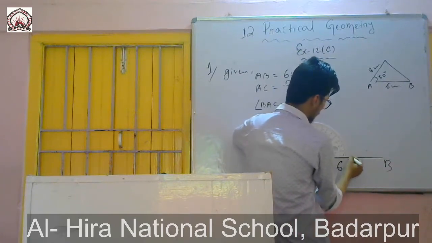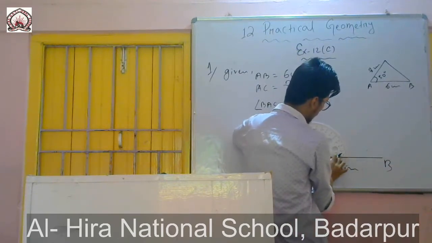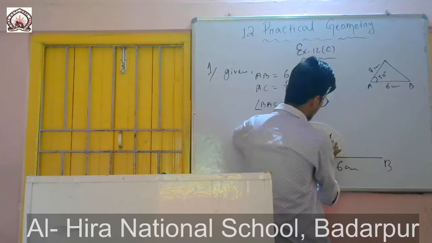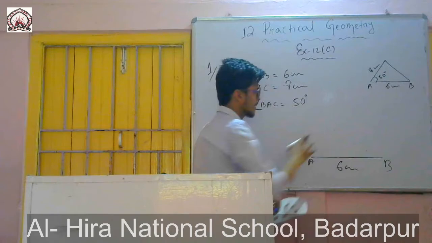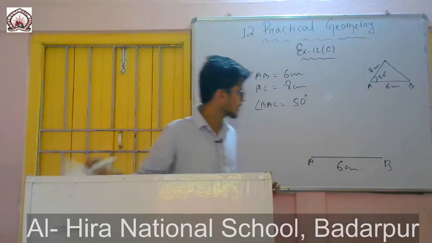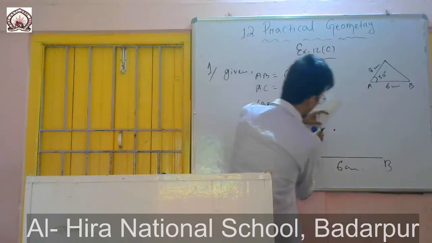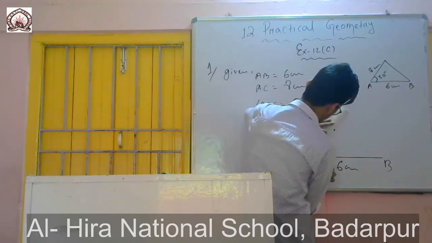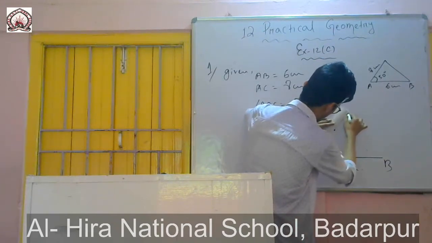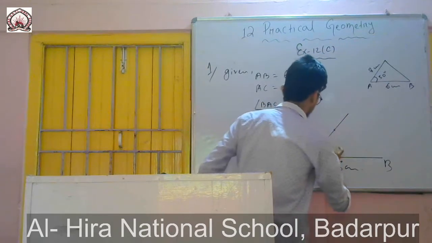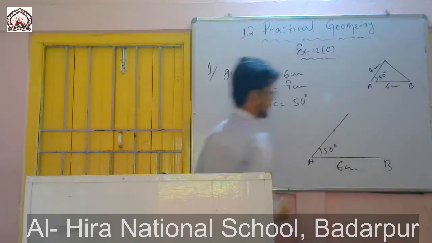From the right side we will start counting. There it is 0 written: 0, 10, 20, 30, 40. Here it is 50. So I will join this line. There I have got the 50-degree angle.